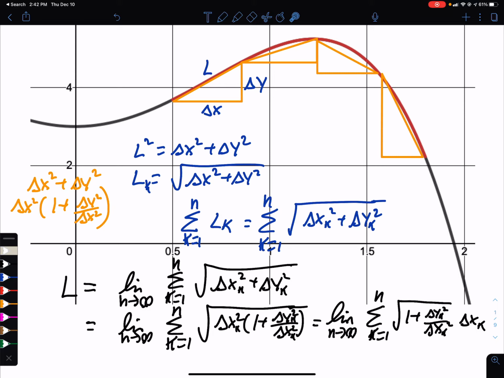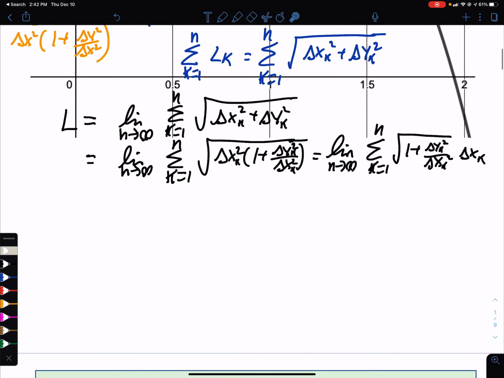Well, as n goes to infinity, the number of triangles, delta x is going to approach 0. But when it did that in derivatives, it became dx and dy. So what's going to happen to this, our arc length, basically by taking this limit, these will become derivatives. And summing is your integrating. When you add up a bunch of things, you're integrating.